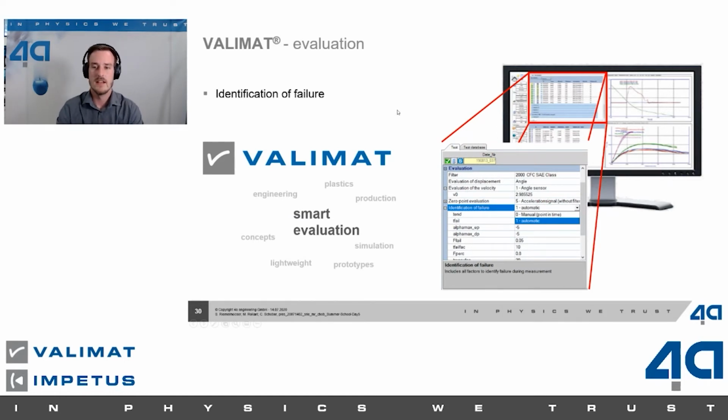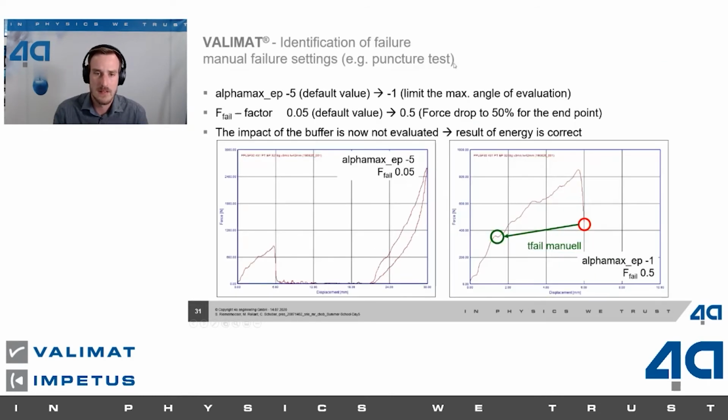And now we have come to a quite complex type of evaluation. It's the evaluation of failure, because I will say to you, it's quite hard to get the right failure point, but we will see in the software again. I will mention some points to you before.